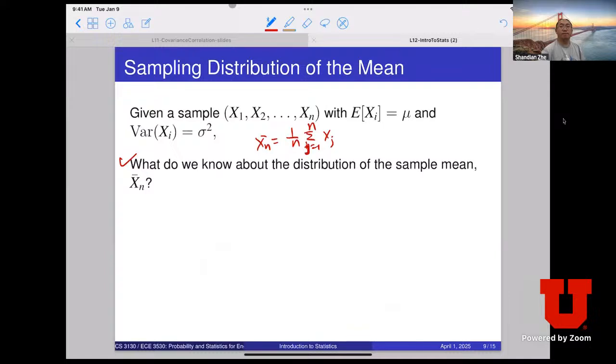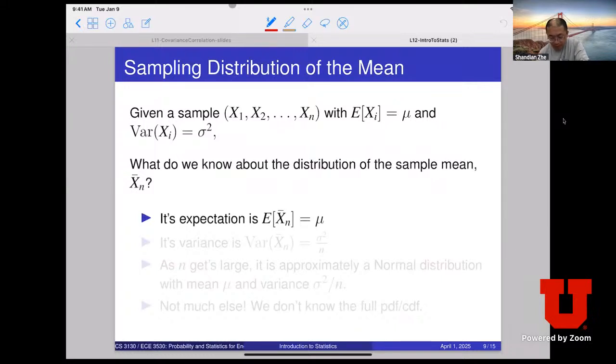Any thoughts? Or at least what kind of properties should we know about the sample mean? What's the expectation of the sample mean? Yes, exactly.